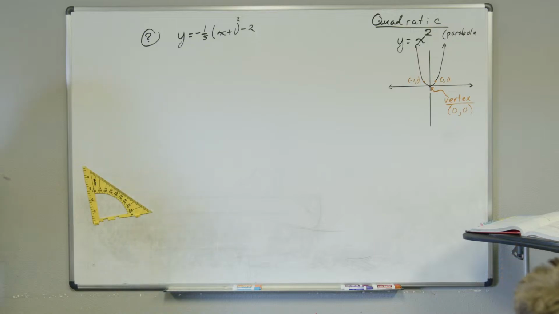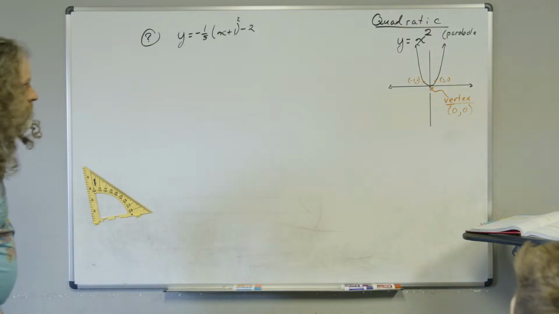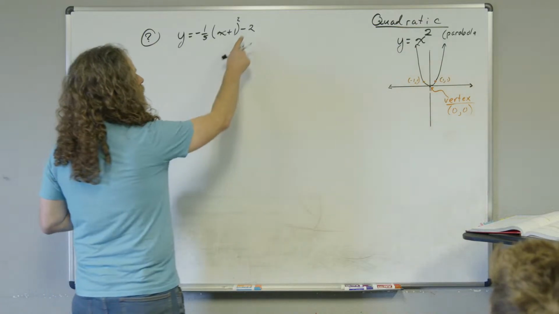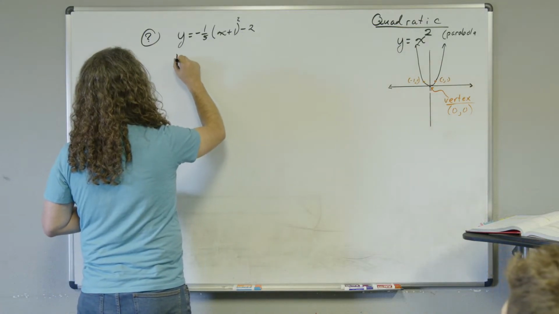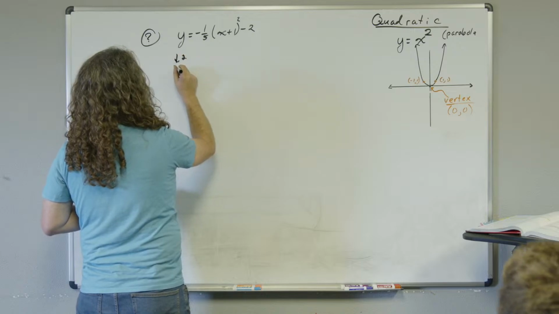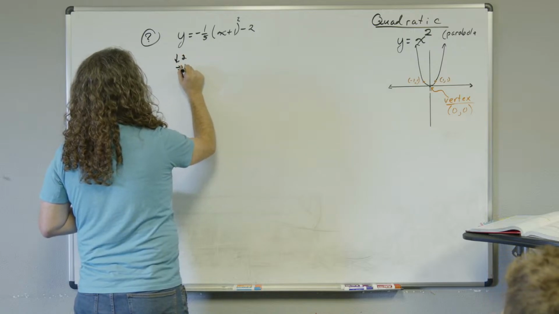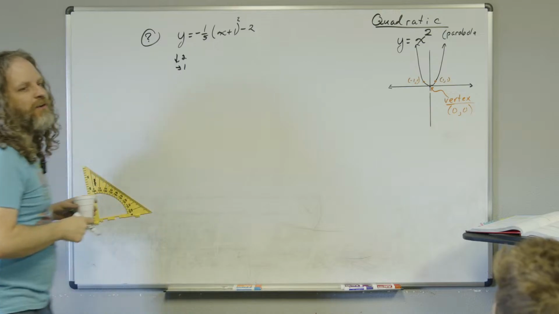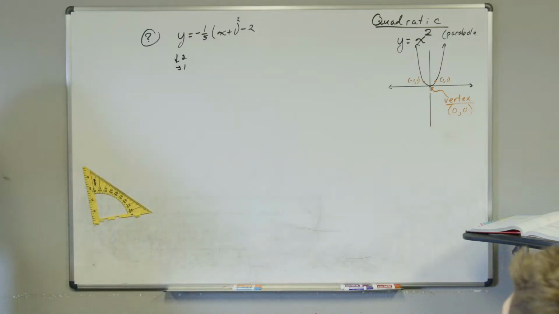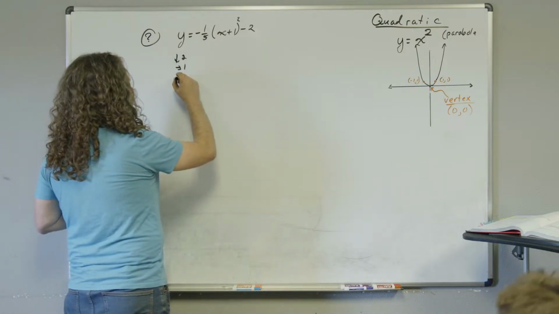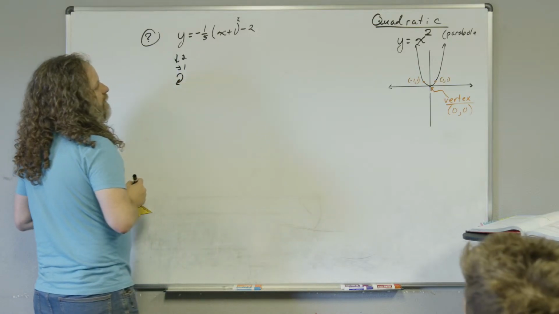The next one's going to be. All right, how does it change the parent? It goes down 2, right 1. Well, that does not go up 1/5. What does that do? It makes it go down. It reflects, right? And then what else does it do?